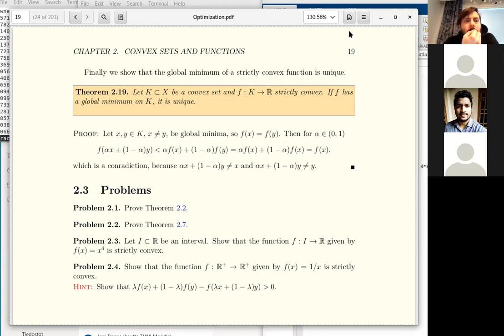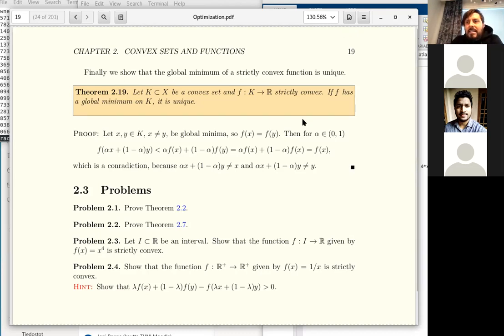So if we have two global minima, then strict convexity is broken, and we conclude that x must be y.